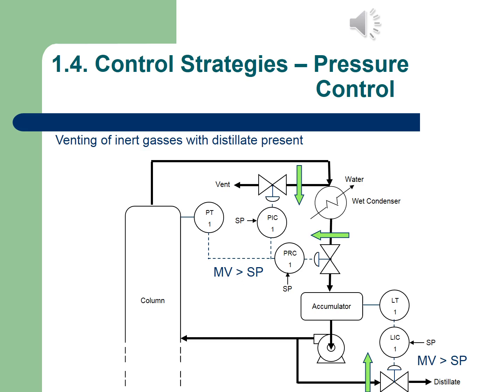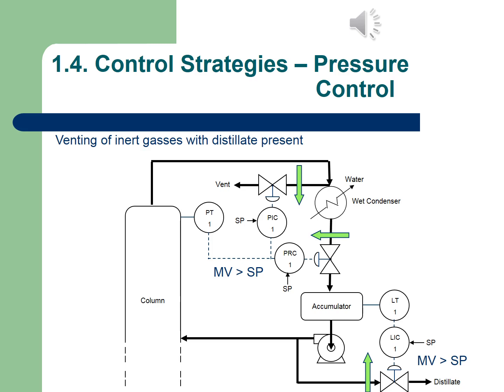Here we can see that if the pressure in actual fact increases, the way to release the pressures then is by venting some of this inert gases. So that will release the pressure, and also then creating some space inside the wet condenser by opening that valve that's connected to PRC1. Will also release some pressure then inside the column, so that we can still keep it to that known, or let's say boiling points that we want.